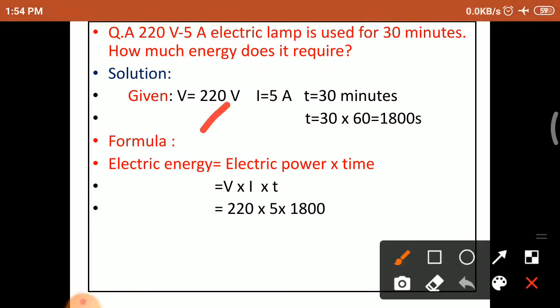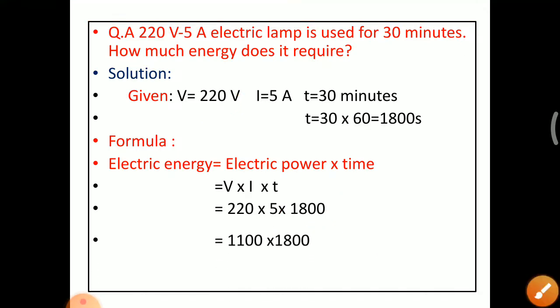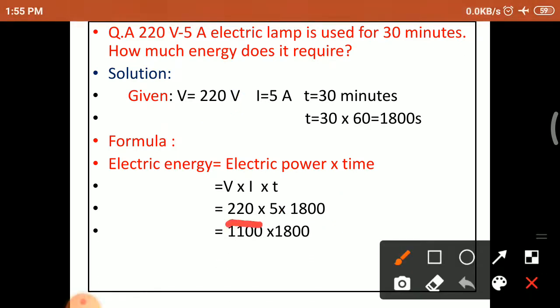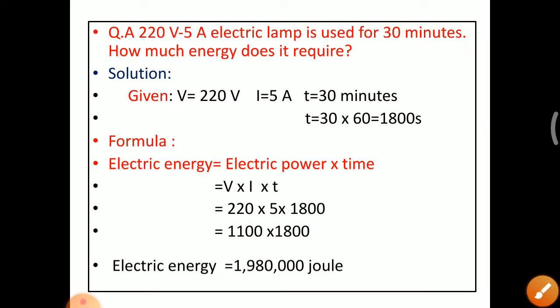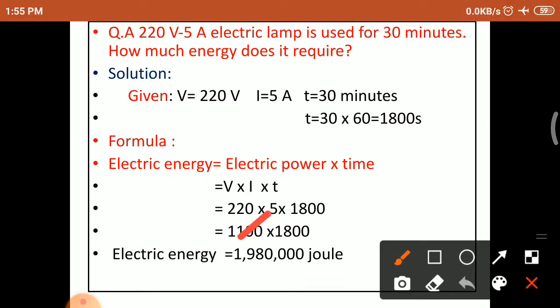So V equal to 220, I equal to 5 and T equal to 1800. If you multiply 220 into 5, you get 1100, and into 1800. When we multiplied 1100 into 1800, we get this value, 1980000 joule. So the unit of electrical energy is joule. So I wrote joule.